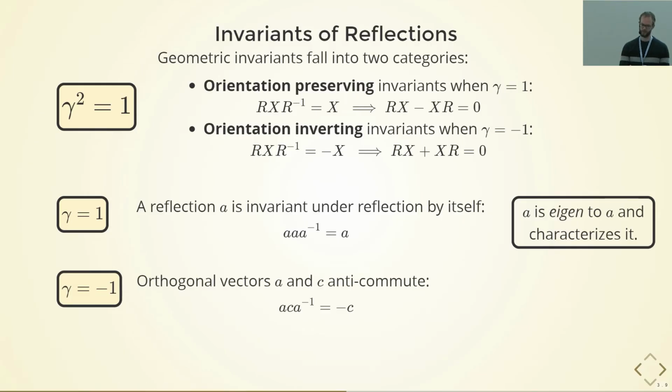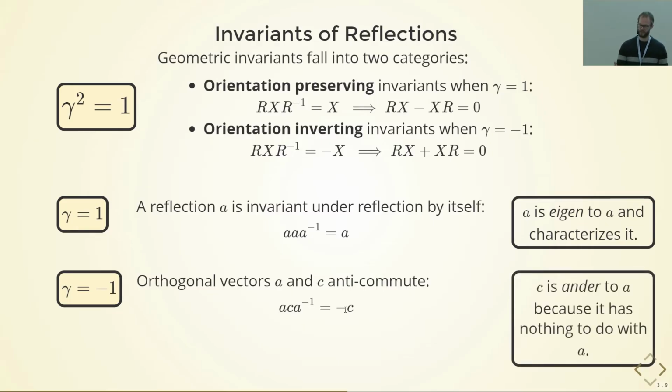Now, it's also worth pointing out that there are also orthogonal vectors. An orthogonal vector C anti-commutes with A, right? We have seen that before in some other talks as well. So if I act with A on C, that gives me negative C. But such an element we started calling ander instead of eigen, meaning other, right?